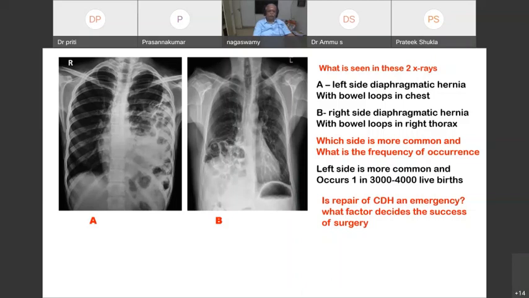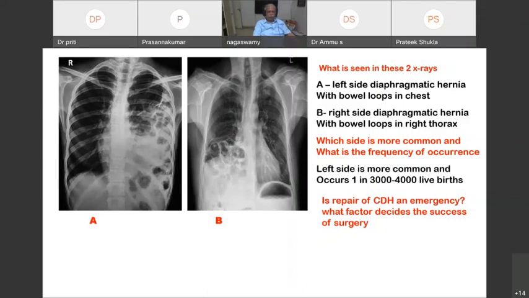So it is not an emergency at all. The diagnosis is made even in the antenatal period by an ultrasound examination of the mother. So usually you know the diagnosis even before the baby is born.